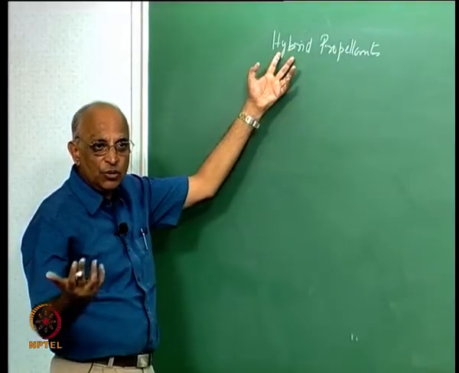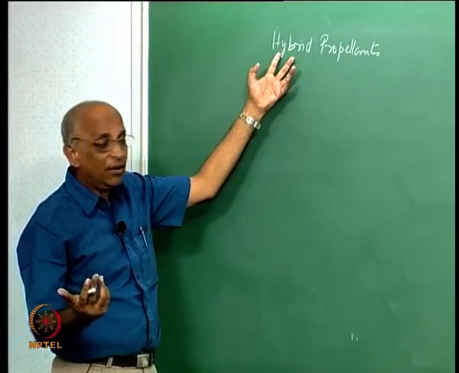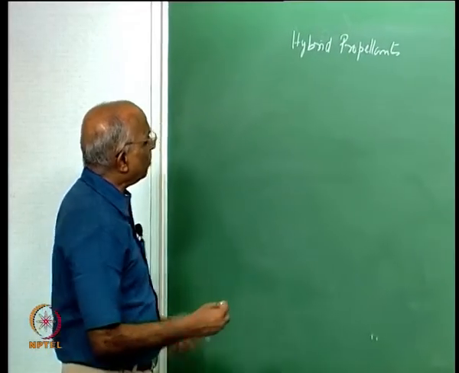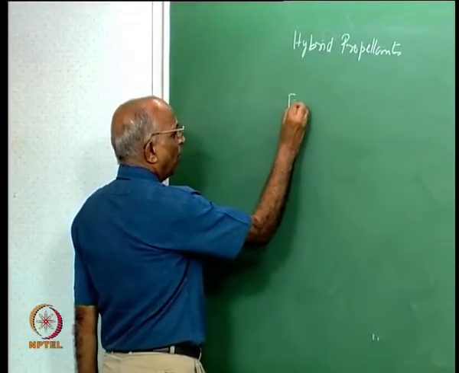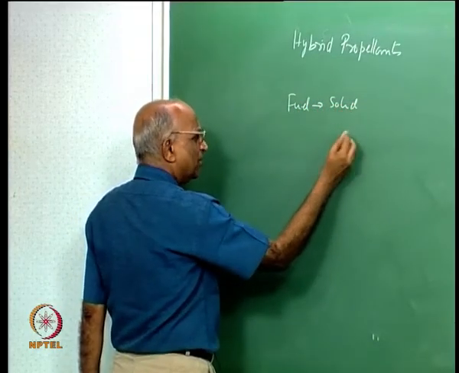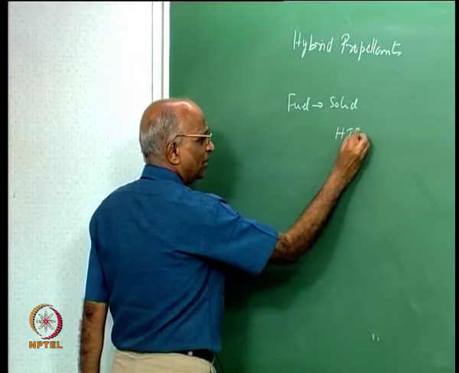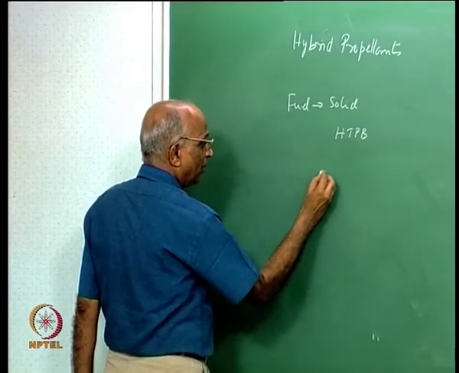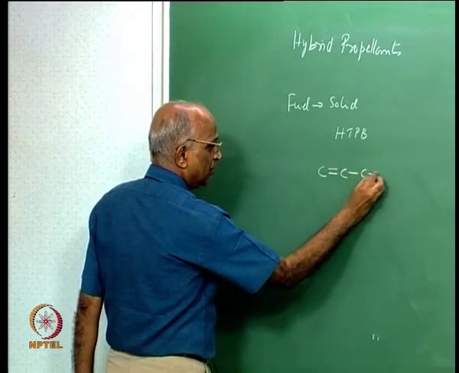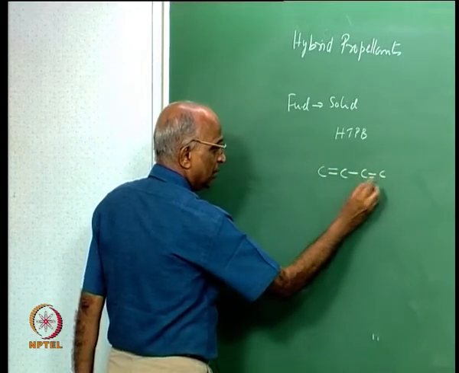Maybe the oxidizer could be a solid, fuel could be a solid, whereas the other one could be a gas or a liquid. The usual practice is the fuel of hybrid propellants is in a solid form, something like HTPB, which we considered. What was HTPB? We told ourselves, well, it is polybutadiene, you have C, C, C and C, 2 double bonds.